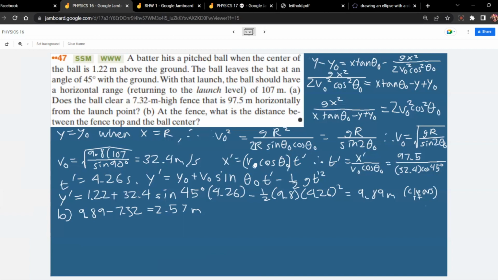So, x minus 9.8 x squared over... Okay, kailangan natin yung range formula.